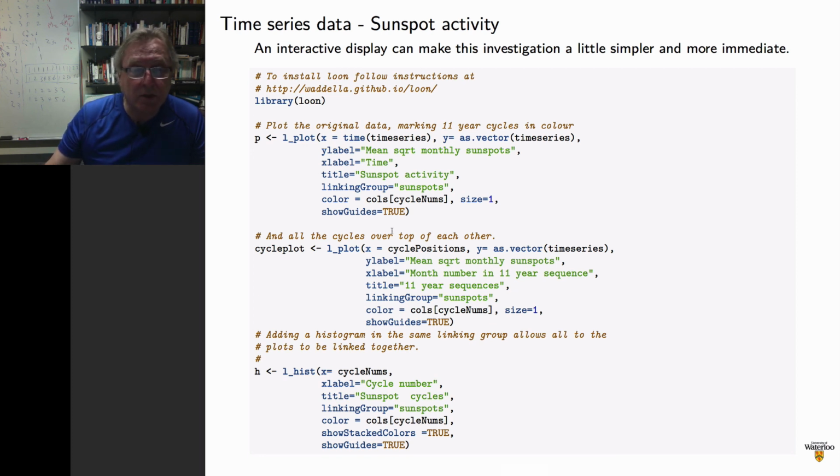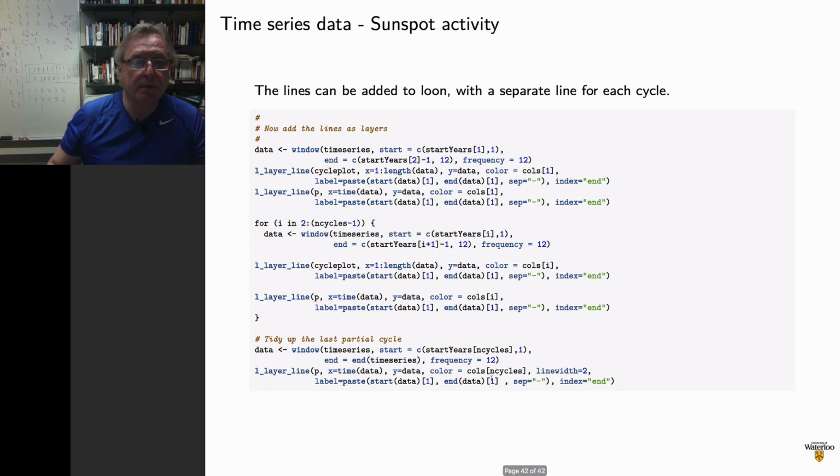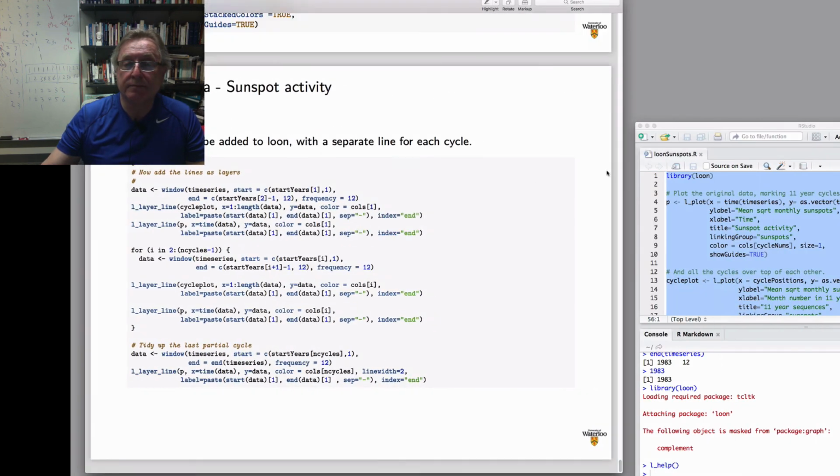And these things are all going to be linked. So you see linking groups of sunspots in each one of these graphics. That means we'll be able to brush and connect these various displays. And adding lines on top of them, I'm going to add the lines by layering a line, etc. Okay, so let me have a go at that.